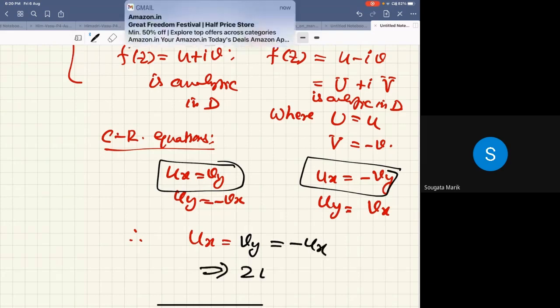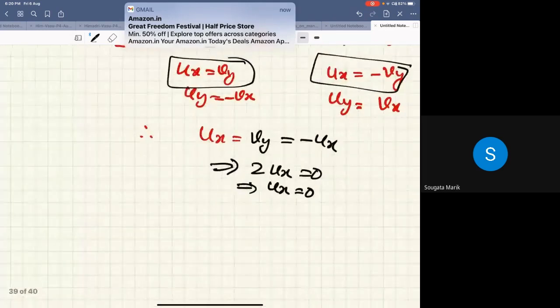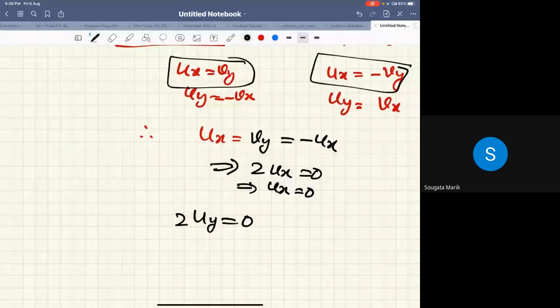This implies your 2ux equals 0. This implies ux equals 0. And similarly, you can write that 2uy equals 0.